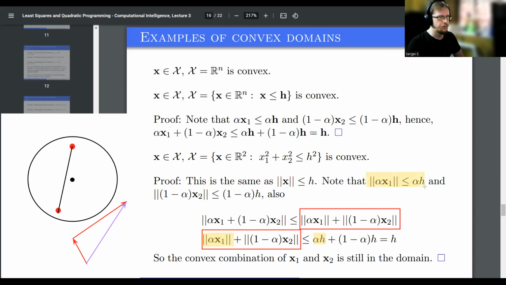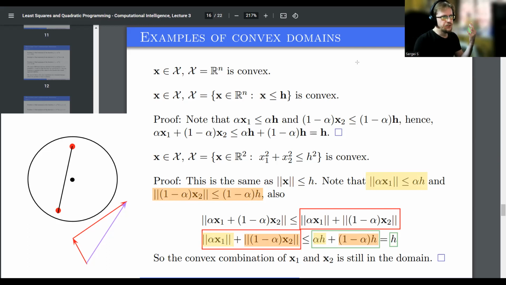Why? Because we just proved it before. This guy is less than this. Why? Oh, here. And again, this whole thing is just h. Open the brackets. So this is how we prove that this is a convex domain.